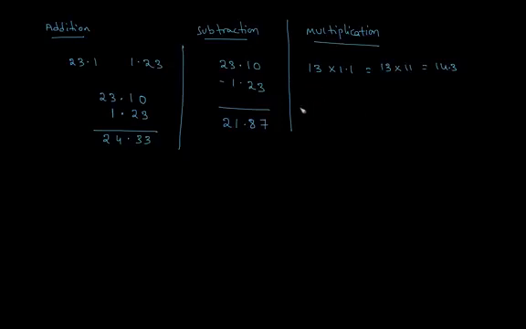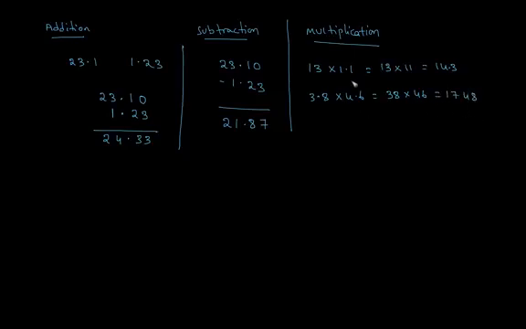Right. Shall we see one more example? 3.8 into 4.6. Assume that there are no decimals. Then what do you do? 38 into 46. Right? What will be the result? 1748.